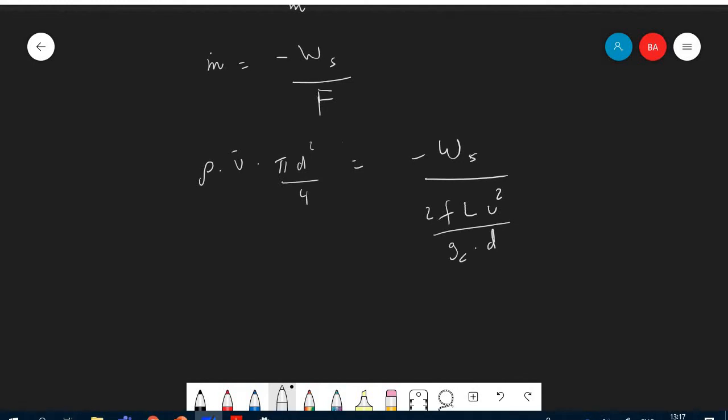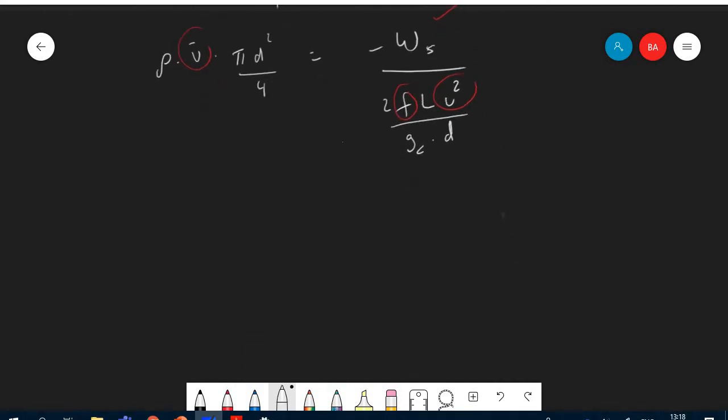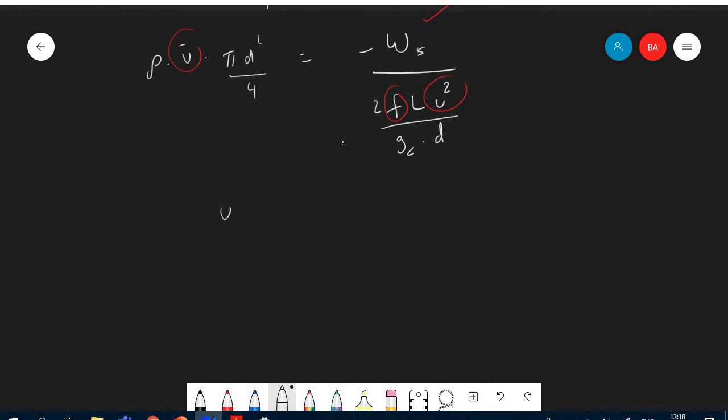So you can see here I have u and I have u here and I already have the horsepower, so I have only u as a term that I need to calculate. Oh my god, I also have the fanning friction factor, and this is where we need the assumption. We need to do this kind of assumption. So that would be u cubed equals minus 2 ws, I already have ws, gc over rho pi dfl.